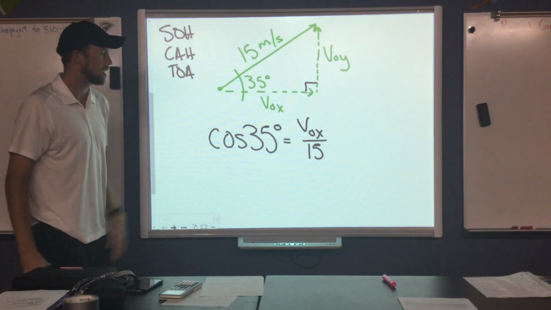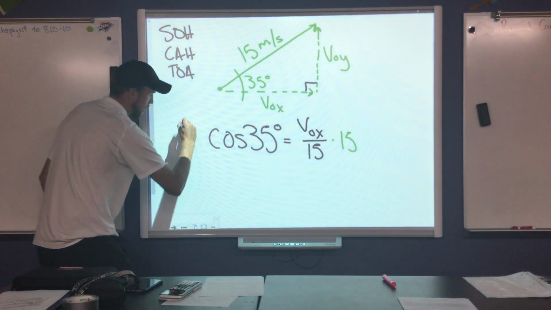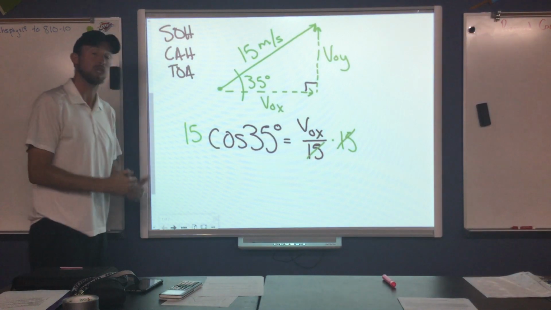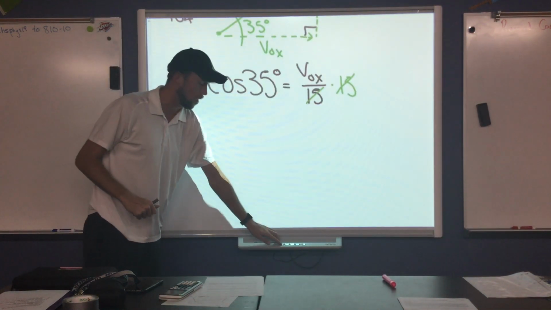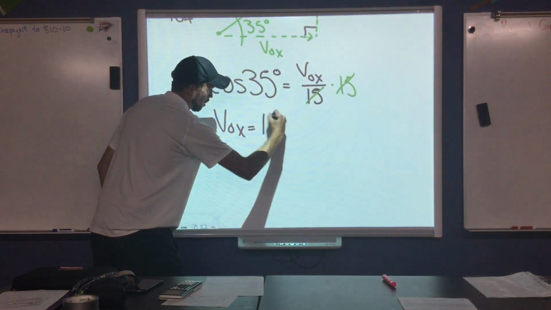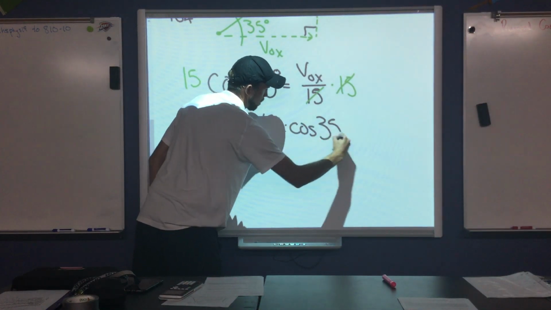To get my initial velocity in the x direction, I'm just going to multiply by 15 on both sides of my equation. So 15 divided by 15, those values will cancel out, and we'll now have an expression to find our initial velocity in the x. That would be 15, which is a velocity, times cosine of 35 degrees.